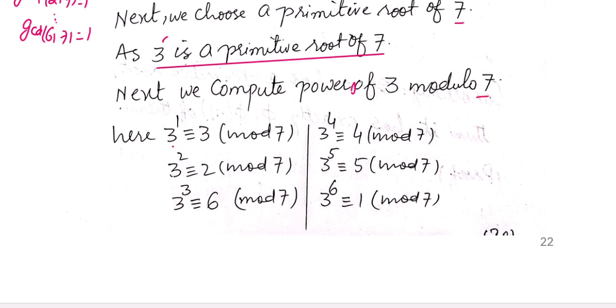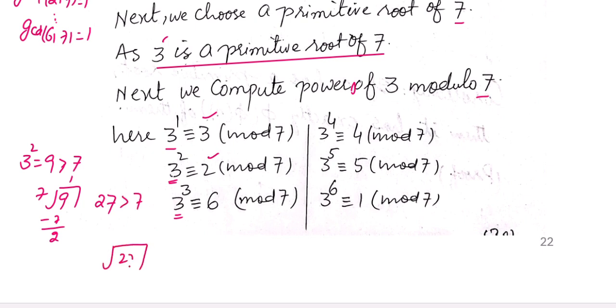The first power, 3 raised to power 1, is congruent to 3. 3 square is equal to 9, and 9 is greater than the modulo 7, so we divide 9 by 7 and the remainder is 2. So 3 square is congruent to 2. 3 cube is 27, so we divide 27 by 7; 7 times 3 is 21, and the remainder is 6. So 3 raised to power 3 is congruent to 6. Similarly, you can calculate the other powers.